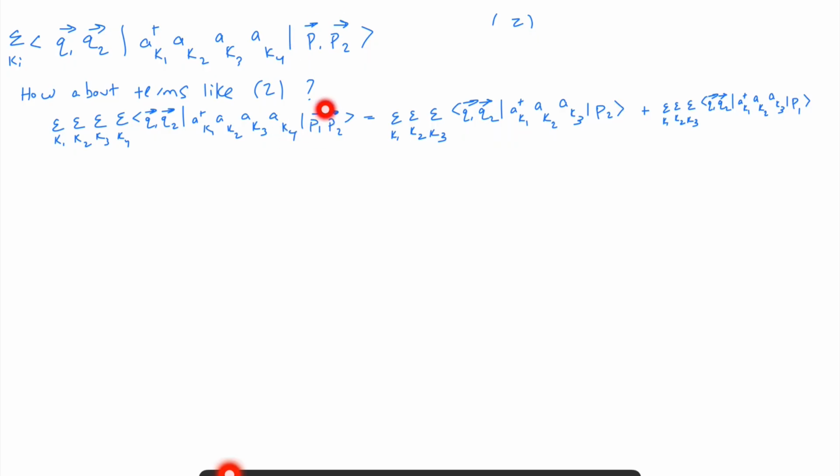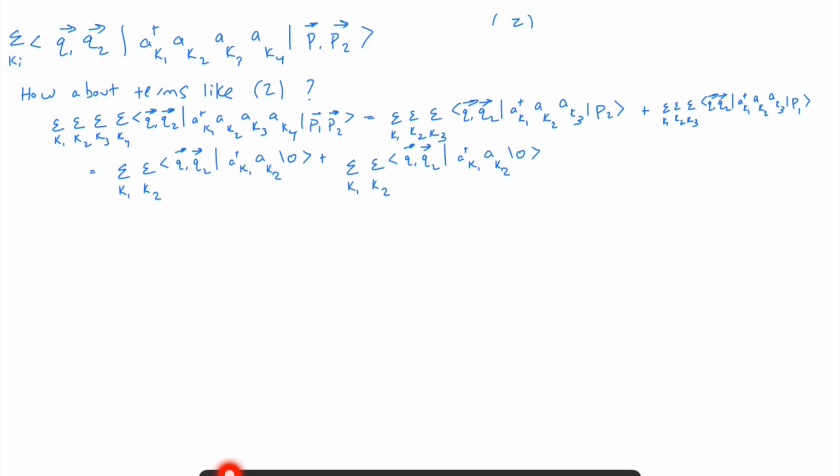A destruction operator acting on this 2-particle state will kill it if k4 equals that, and we're just left with p2 over here. Or if this a_k4 equals p2, it'll kill that and leave us with p1. So technically, since the whole thing is a sum, I would actually get this as an equal sign. So here I just wrote it a little differently, which still works out mathematically.